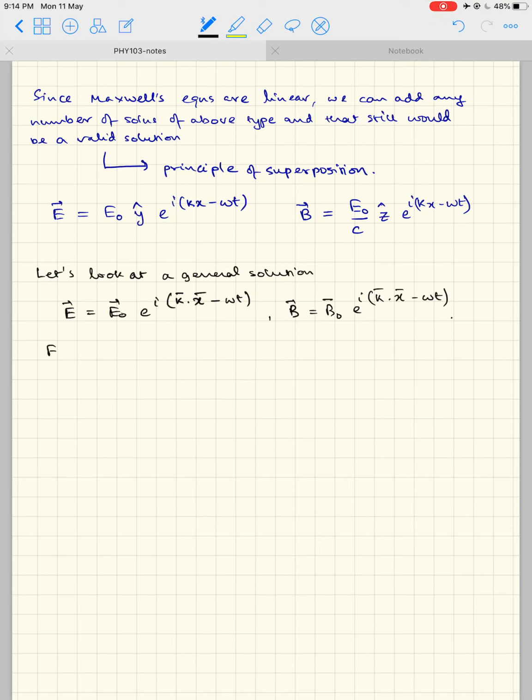E naught and B naught are both complex vectors. So again, we will get the physical electric and magnetic fields by just looking at the real part of these equations. The vector k is now called the wave vector, and the magnitude of the wave vector is the wave number.